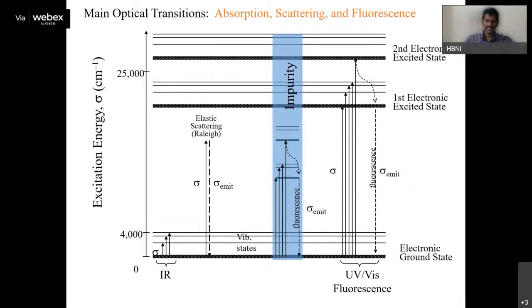So when you are doing Raman scattering, the biggest difficulty is the fluorescence. What you do is you take a monochromatic light, which is much higher energy than the vibrational energy level, and this light gets scattered.